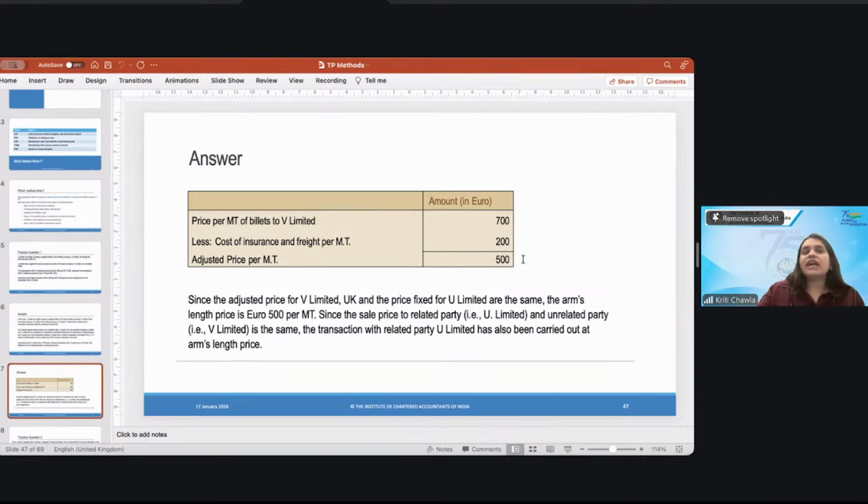Because the unrelated party and the related party are transacting at the same price, the transaction has been undertaken at arm's length price, and no adjustment will be required. Not always will you find questions with adjustments. Sometimes there are no adjustments because the transaction is rightly priced at arm's length in related party situations also. So this is how you tackle the answer.